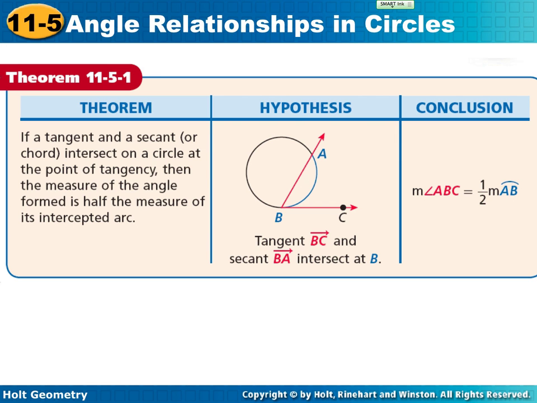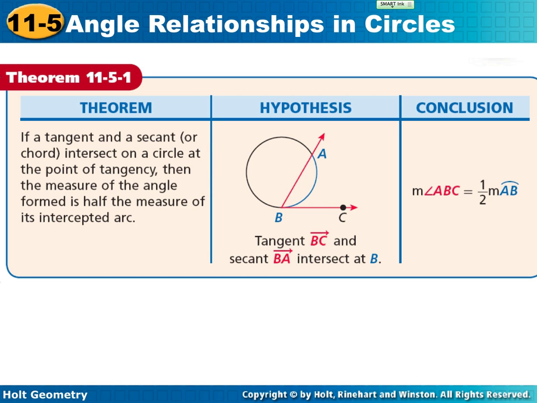But this is not an inscribed angle because it doesn't have 2 chords. It's like an inscribed angle that has turned far enough outside that, whoop, one of those chords turns into a tangent. It's still that the angle is half of the arc that's inside it. It just looks a little different because the arc goes from the vertex of the angle around to just one side of the angle instead of between the two sides.